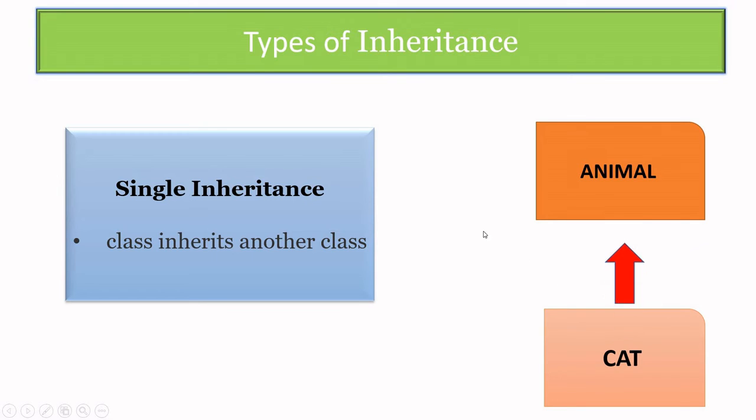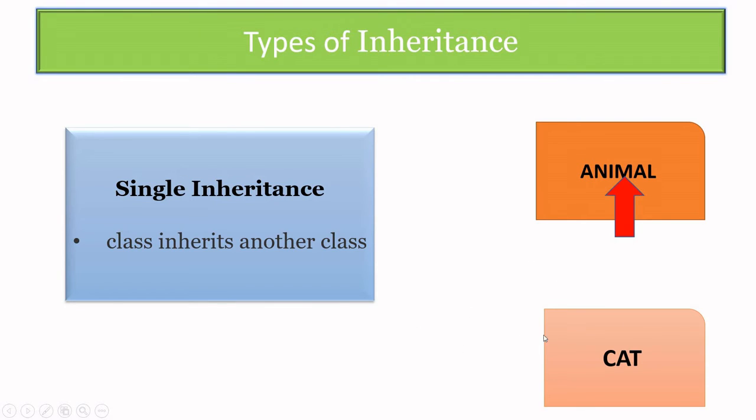Here I am giving an example. Cat is a subclass. That subclass is going to inherit the properties of the animal class. I already told you that inheritance is used to create an is-a relationship. Now we check it: cat is an animal. So this is the way an is-a relationship is implemented with the help of inheritance.